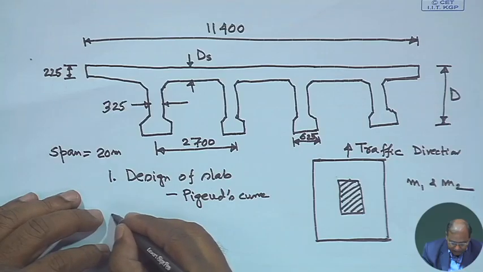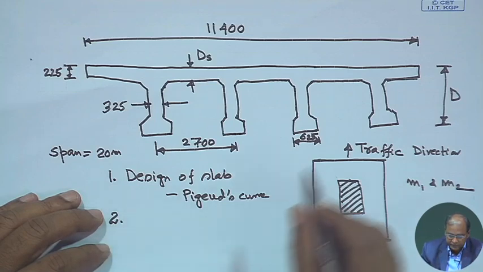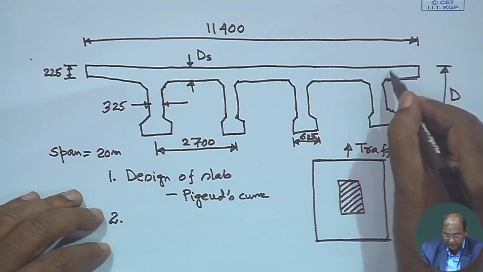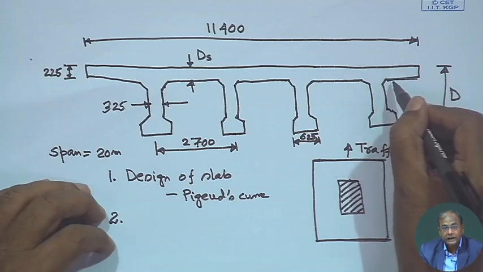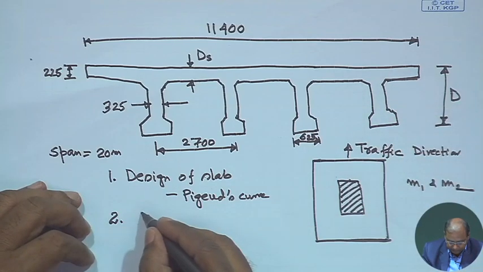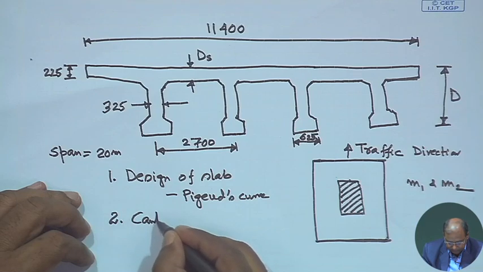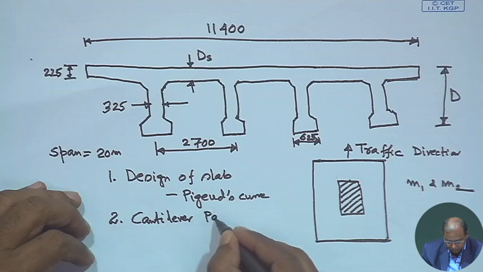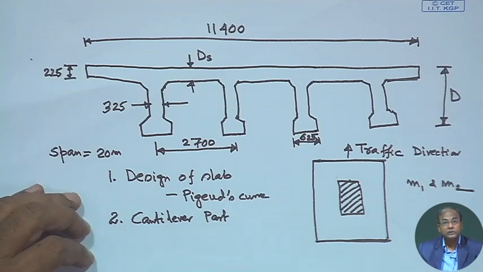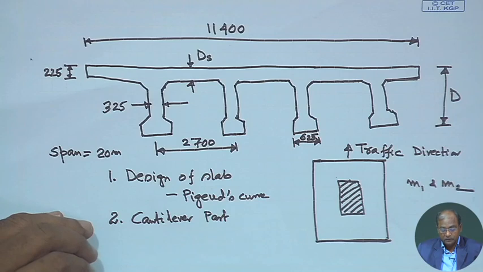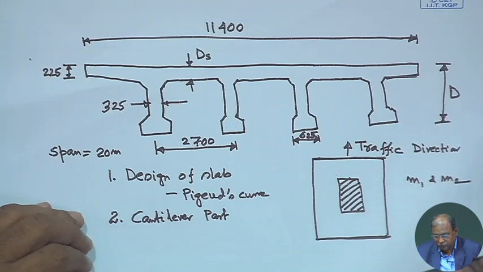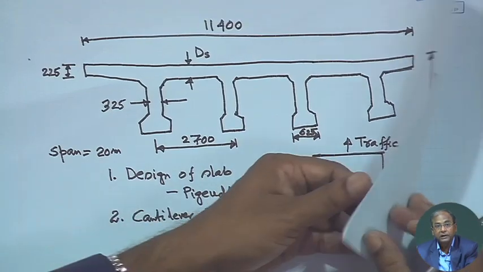Next one we have the loading given here, that you say cantilever beam or cantilever slab. So, next one is the cantilever part, that we have to find out. For that case, we can find out the load, let us see.